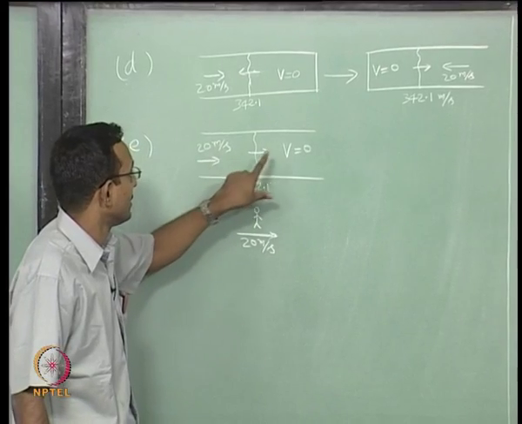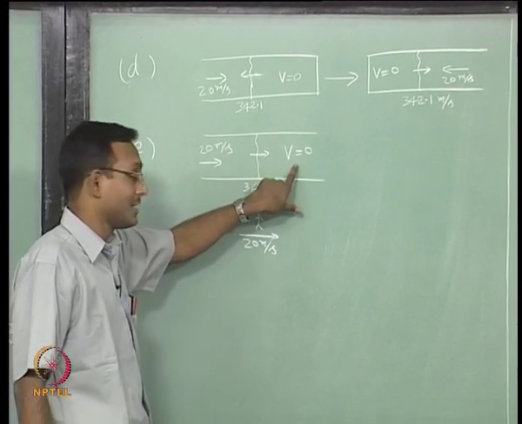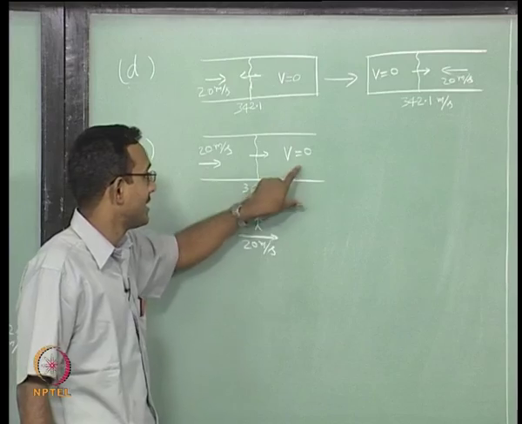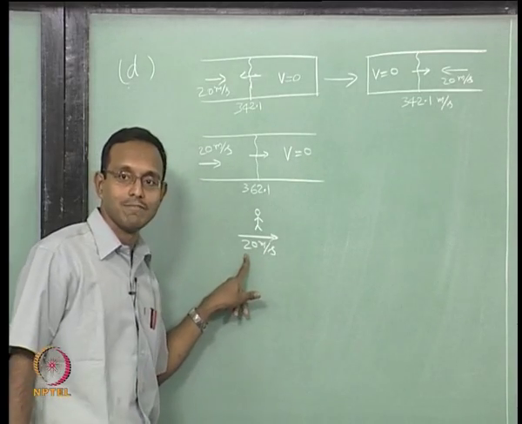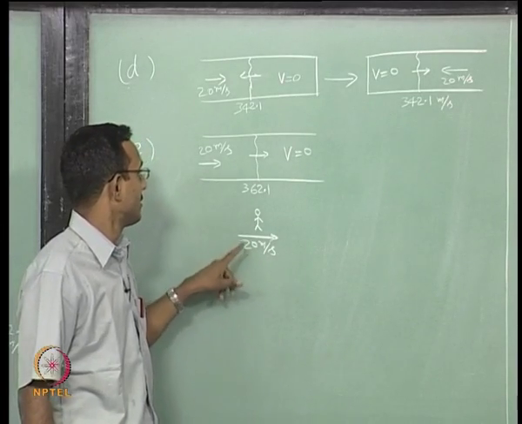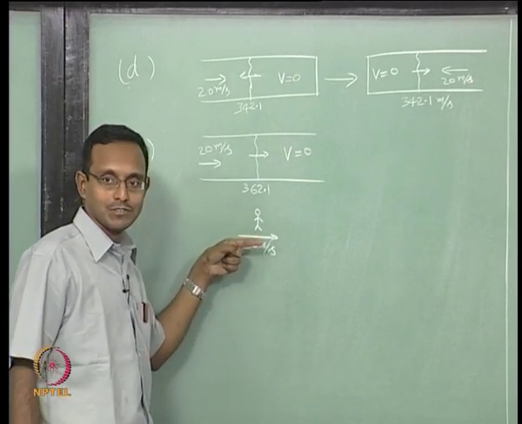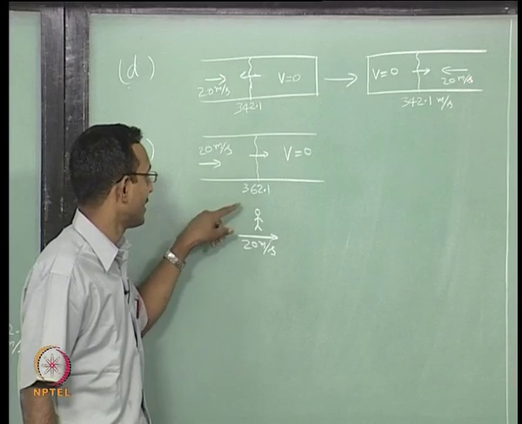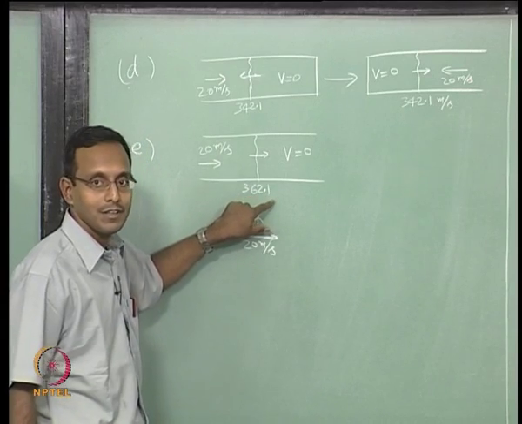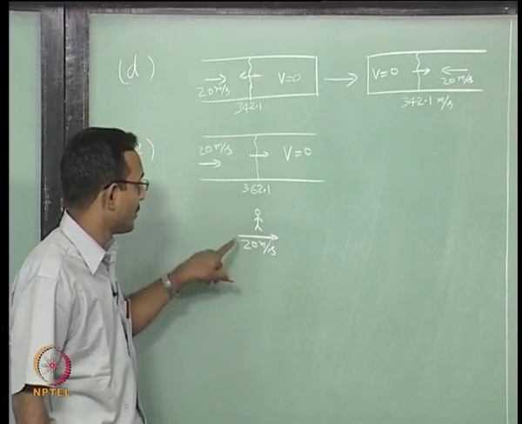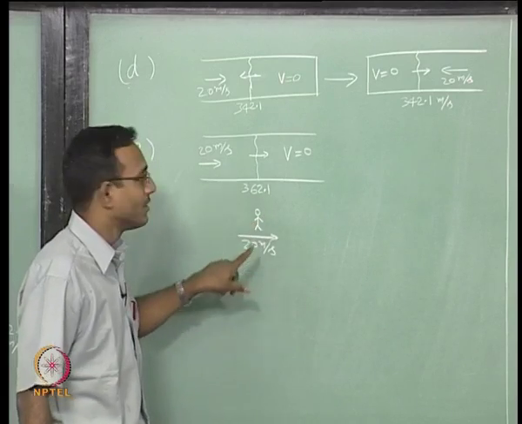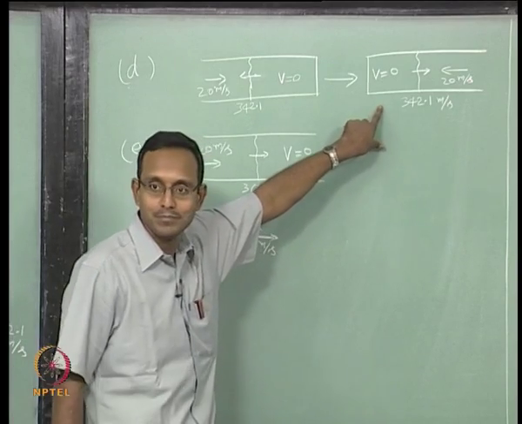Okay. And this fluid, which was originally 0, will now be seen as coming this way with the same velocity. Okay. And this is going faster, but I am going this way also. So, only the relative velocity will remain, that will be 342.1. Whatever I have just done, because this guy is now moving, you will see that it becomes this problem.